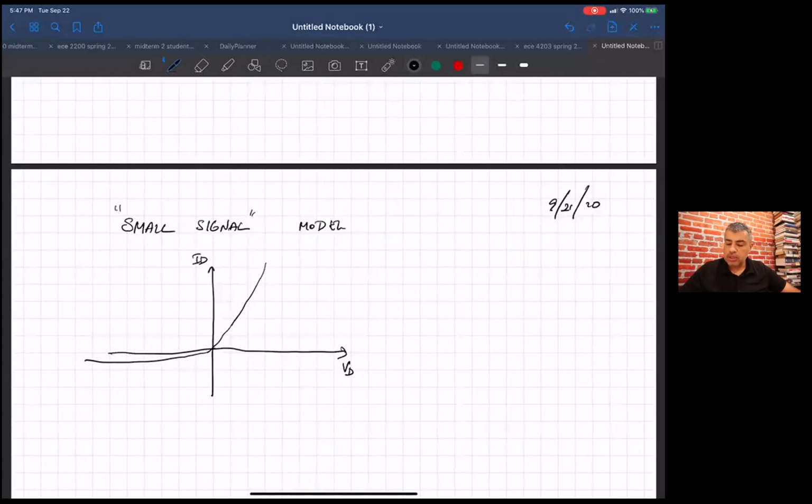So the small signal model, again, is a simplification approach. Let's say you had this exponential behavior. Let's say I've already calculated my current, for the sake of discussion, at some I sub 0.